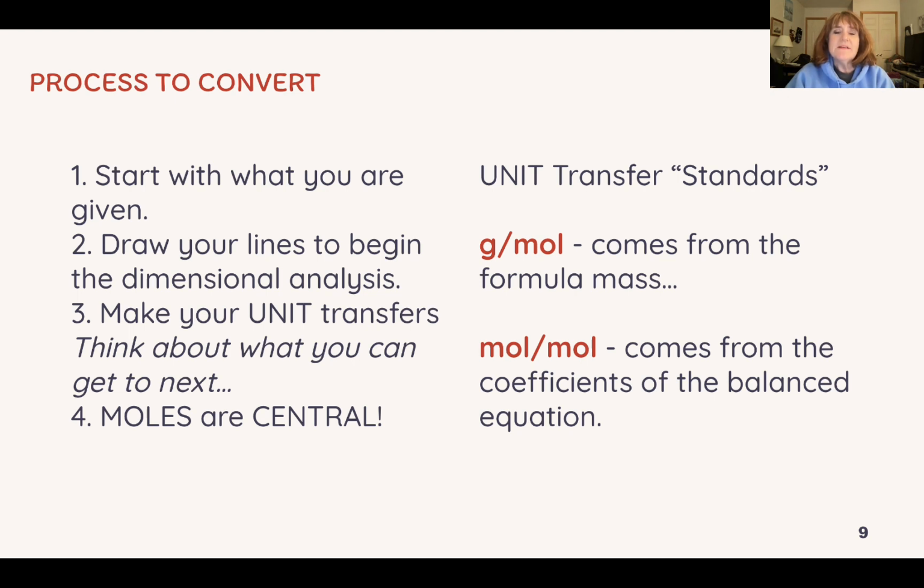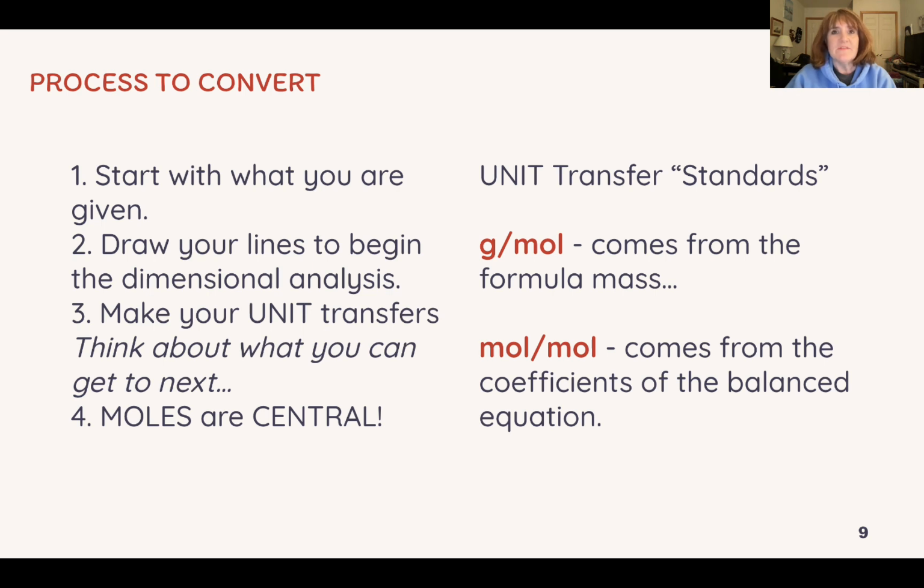So the process to conversion. First, look at the right-hand side. These are your standard unit transfers. Grams per mole comes from the formula mass. Moles per mole is going to come from the balanced coefficients of an equation like we learned last time. It's the mole ratio. So whenever you start your conversion process, you start with what you're given.